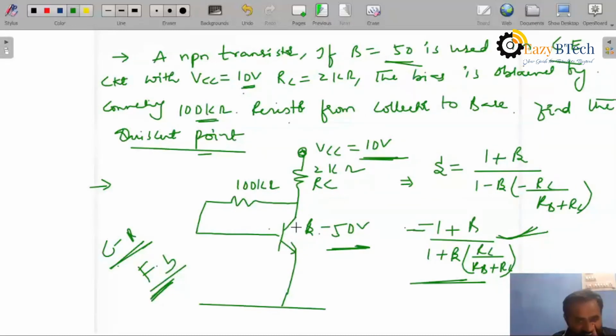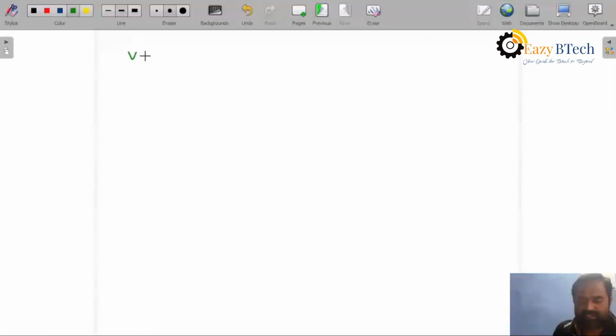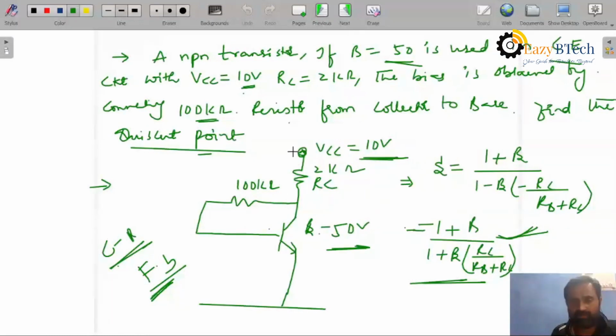Okay, students. Now we will write this equation. How can we write the expression here? To write this expression, VCC is equal to. This is loop one.